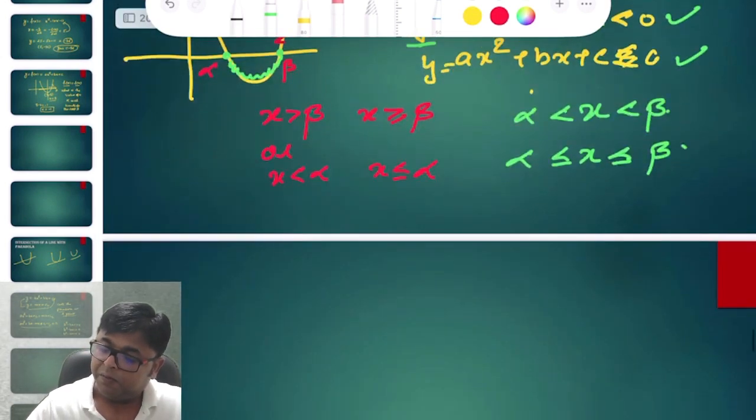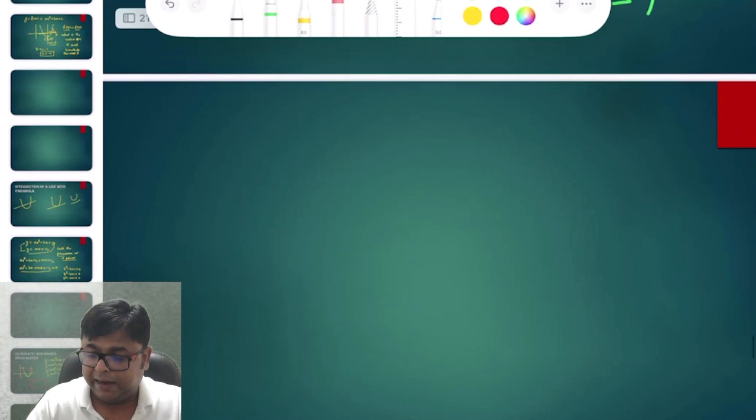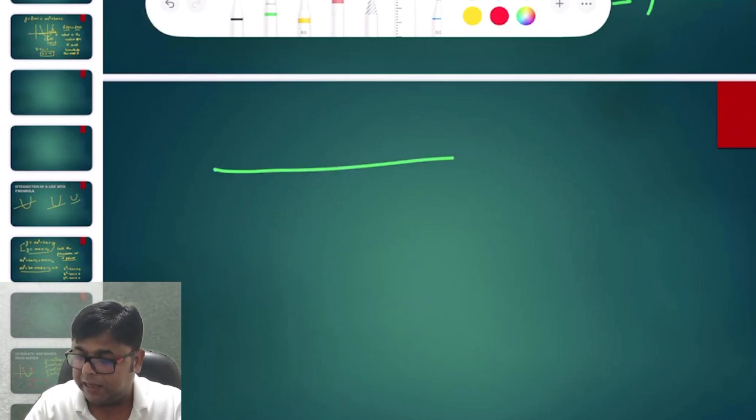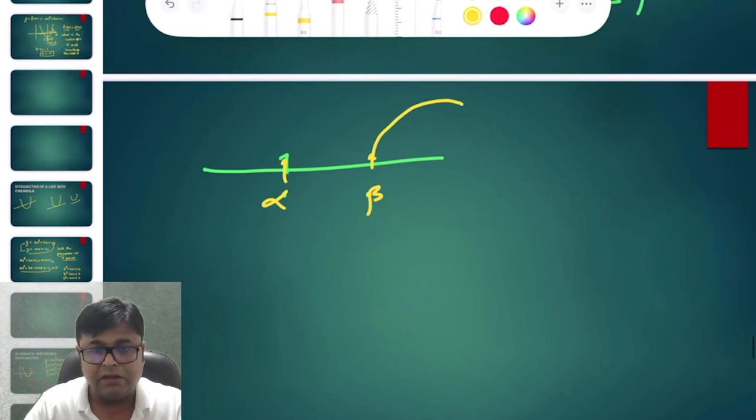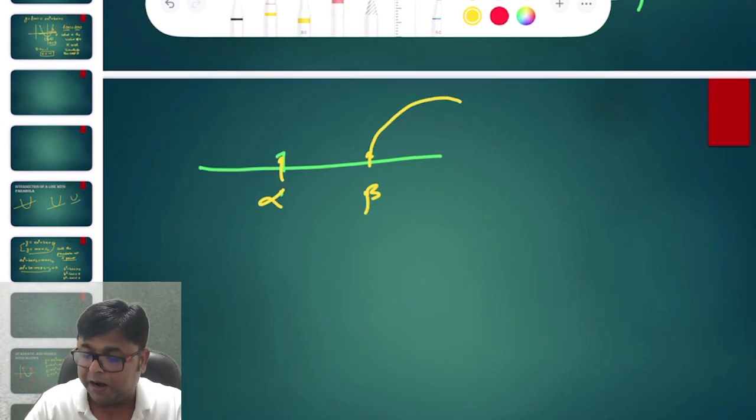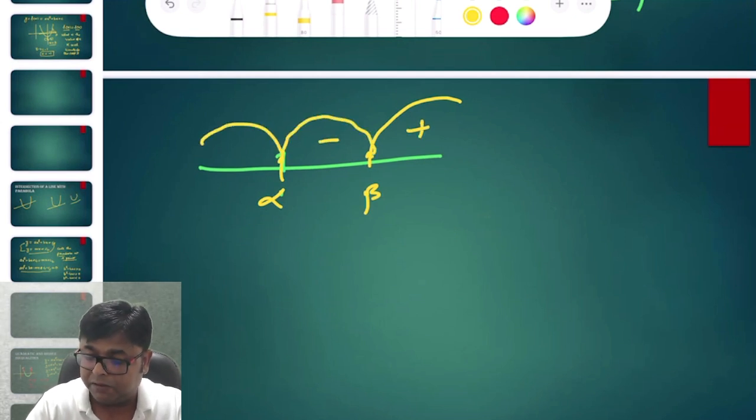Now, we can also make a thumb rule for it. If we have the roots, say alpha and beta, and it is a cup-shaped curve, then on the rightmost part of the number line, the expression will be positive, between alpha and beta negative, and then positive.